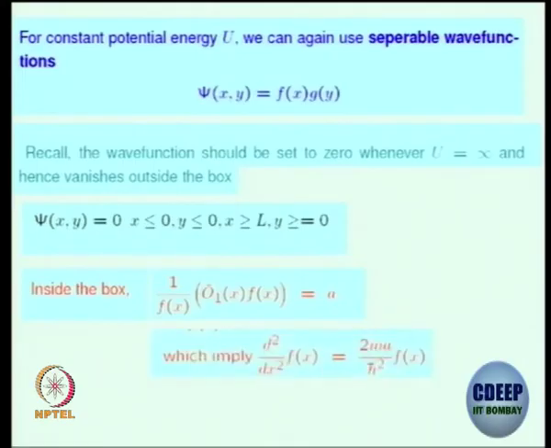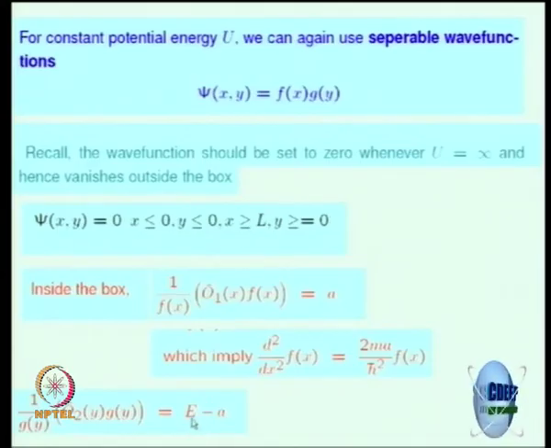Okay. So, d squared f by dx squared is minus 2ma by h cross squared f. Call this your K squared. Here, just for simplicity, we will call it kx squared if you want. And similarly you have the other equation, where it is not a but e minus a.